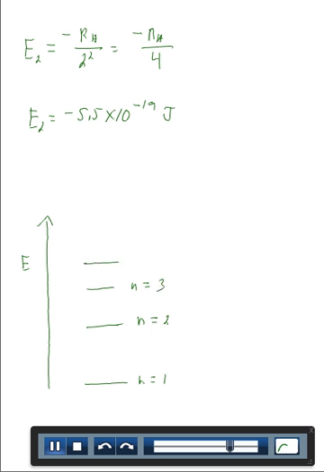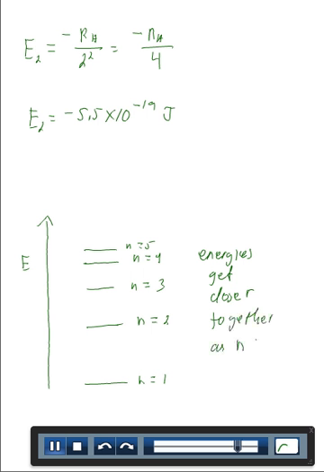These are not necessarily to scale. n equals 4, n equals 5. So they get closer together as we go up in n value. So the energies get closer together as n increases.